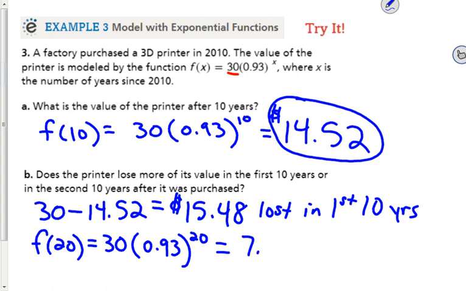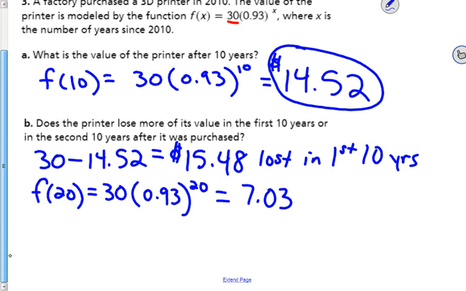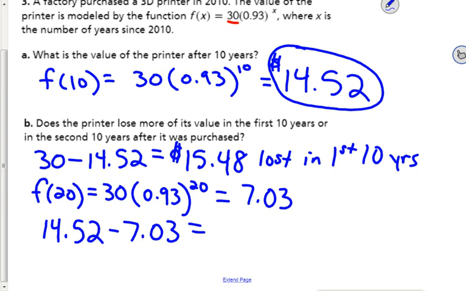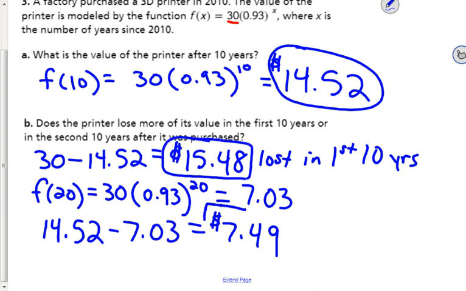So this comes out to be $7.03. Now we can take the $14.52, which was the value after the first 10 years, and subtract the $7.03. So we get $7.49. So in the first 10 years, it lost $15.48. The second 10 years, it lost $7.49.